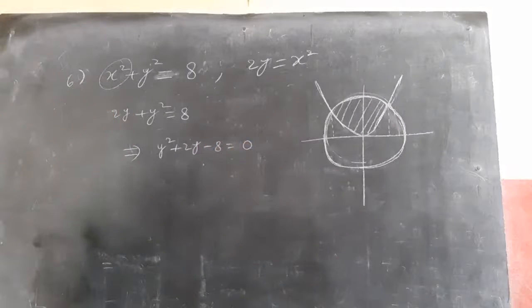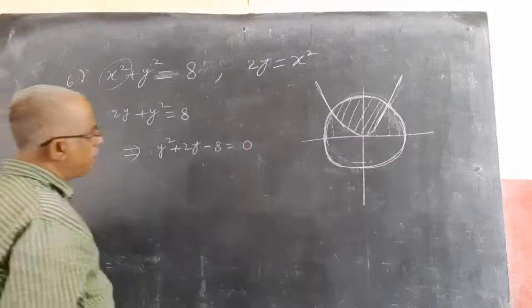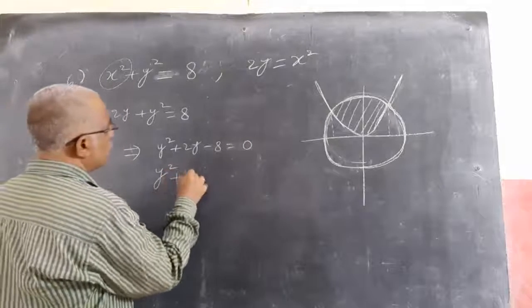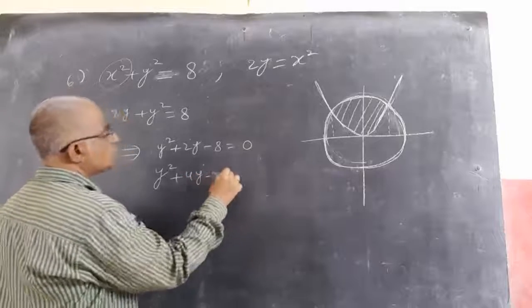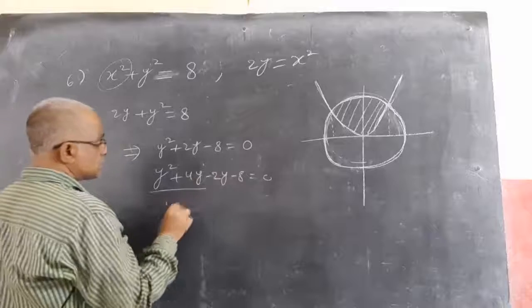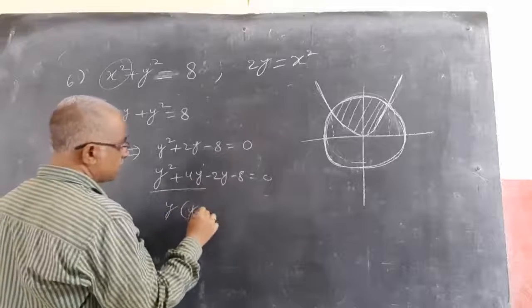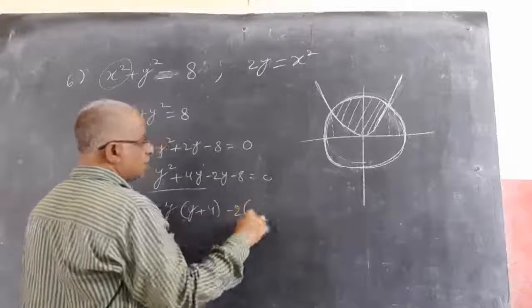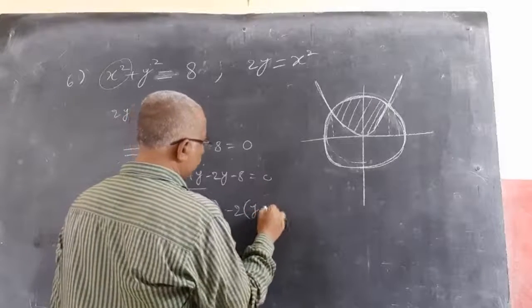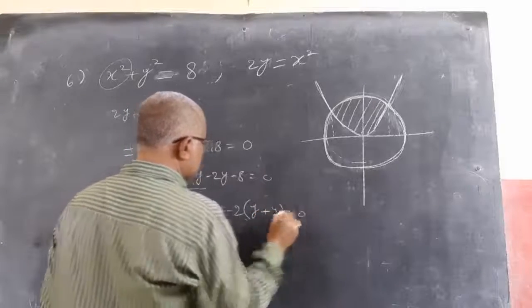Splitting the middle term, it becomes y square plus 4y minus 2y minus 8 equal to 0. So this is y into y plus 4, minus 2 into y plus 4, equal to 0.